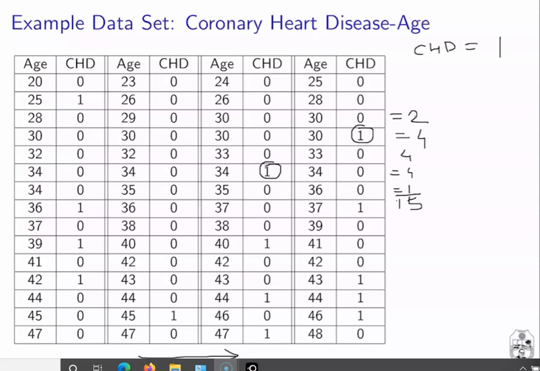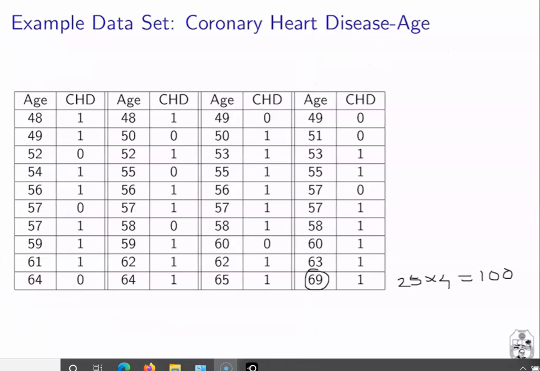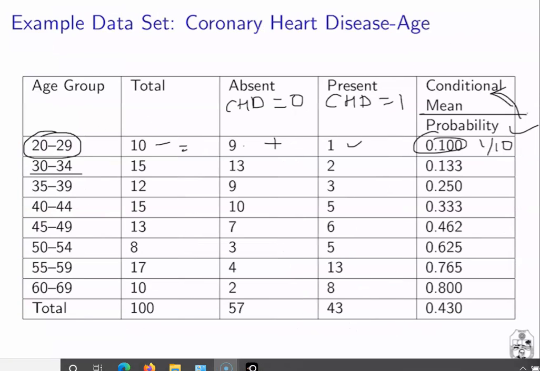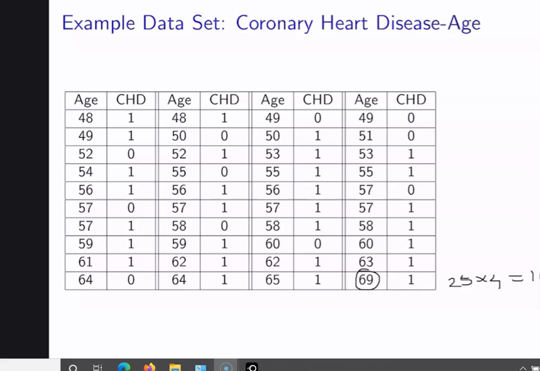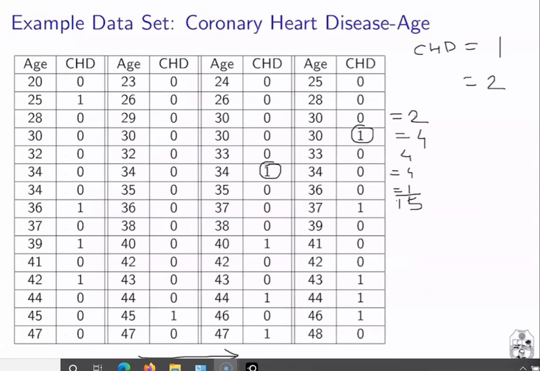So there are two persons suffering from CHD. In the age group 30 to 34, two persons are suffering from CHD, and 13 are not suffering, and there are 15 people in the age group 30 to 34.